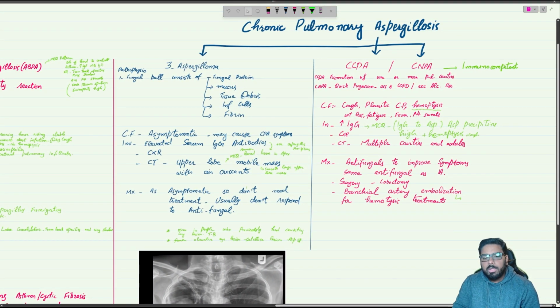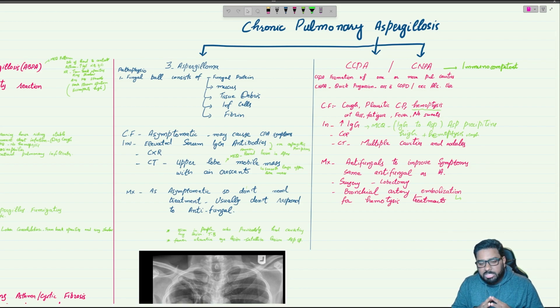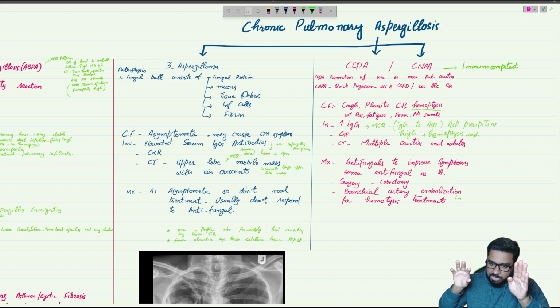So now let's quickly recap before we jump on to the last presentation. Someone working as a farmer and getting treatment of some severe cancer, we are thinking of invasive aspergillosis.